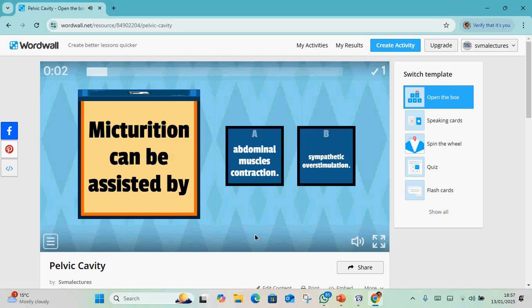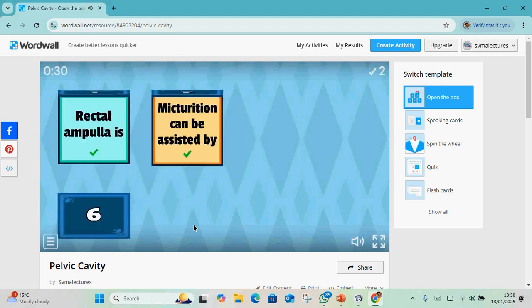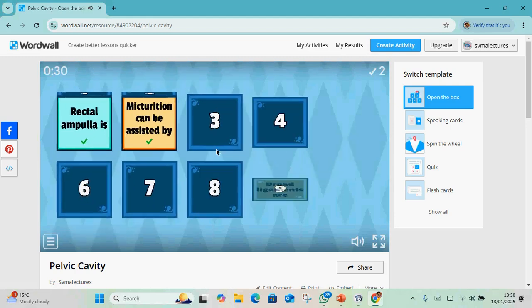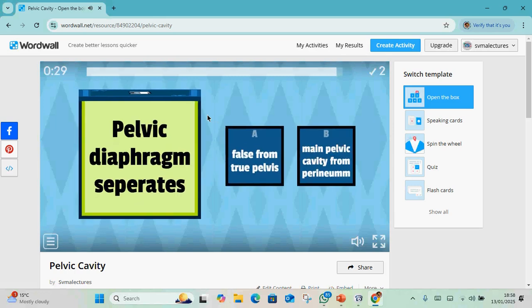And the answer is A. Well done. Okay, number 3: the pelvic diaphragm separates A, false from true pelvis, or B, the main pelvic cavity from the perineum. The answer is A, I think.